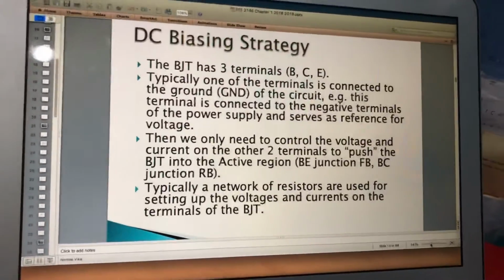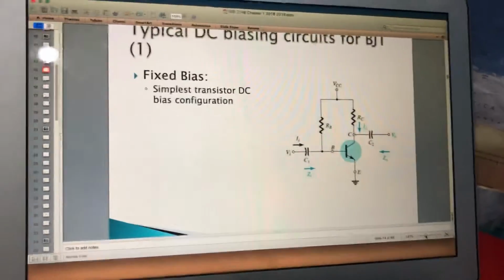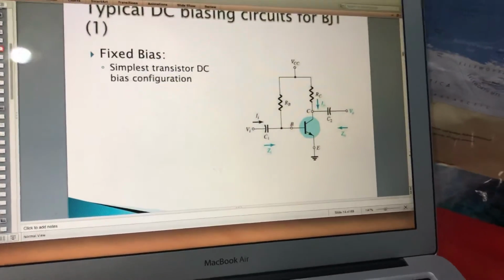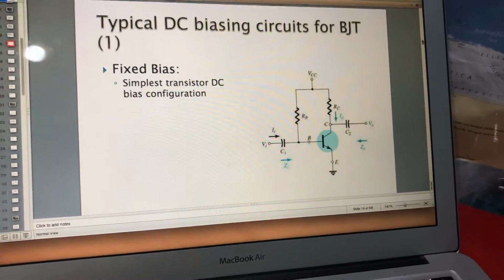Okay, let's look at the slides again. Okay, these are the typical DC biasings for BJT.